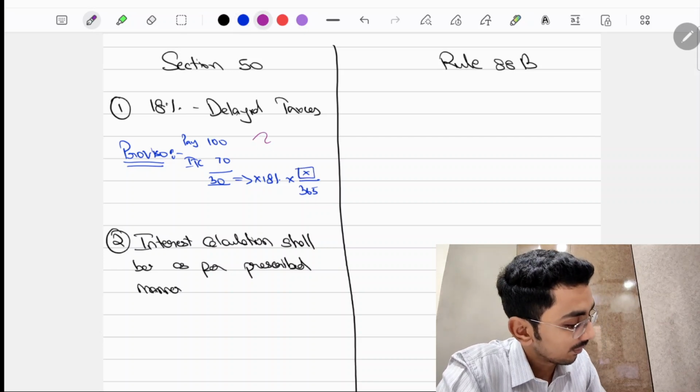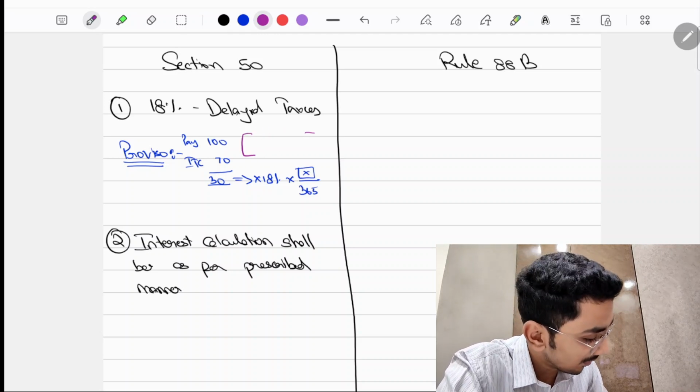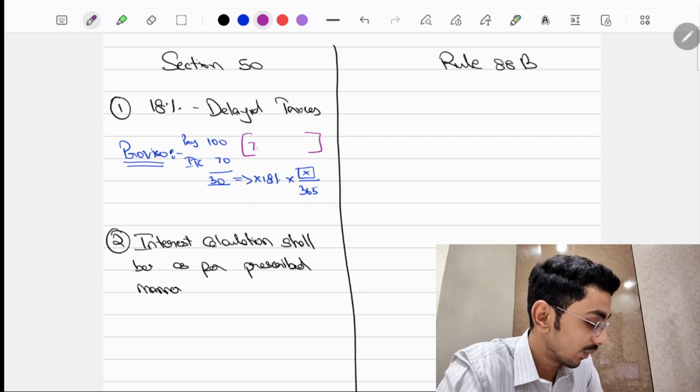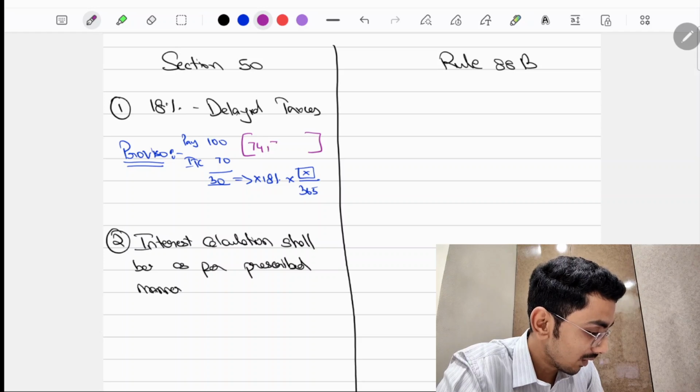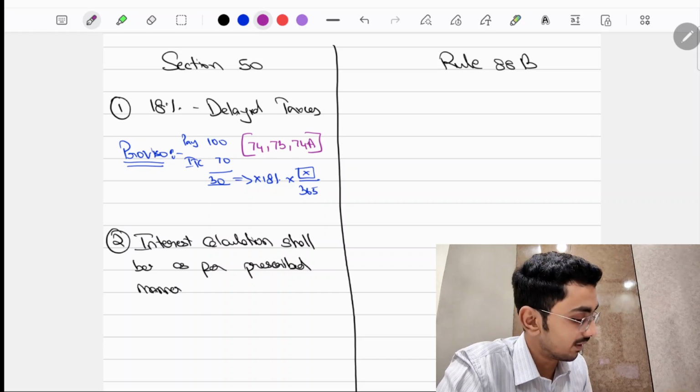Now, this proviso is applicable in all other cases except where you are making such delayed payment of taxes on or after receiving notice under section 74, 73 or 74A. Now these are the components.